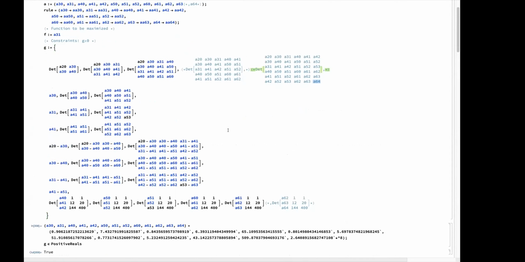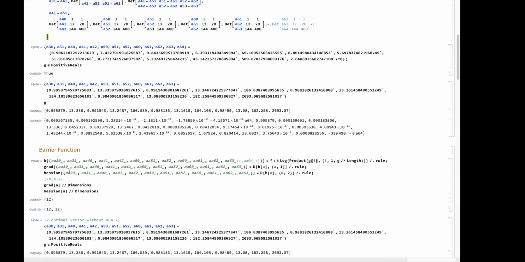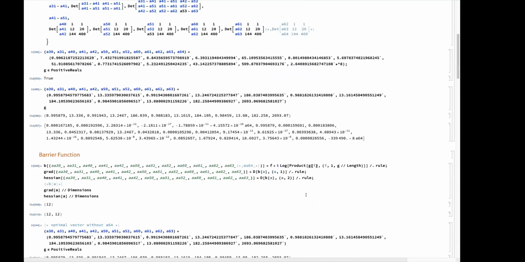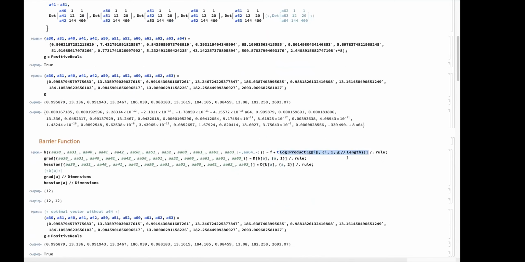Recall that we were maximizing this function: the target that we want to maximize plus some barrier function, which is a log of the product of the positive constraints and Hankel constraints G. The product of these involves A64, which doesn't have an upper bound, so the log of these products doesn't have an upper bound either. So whatever method we use to maximize this function won't give a solution.